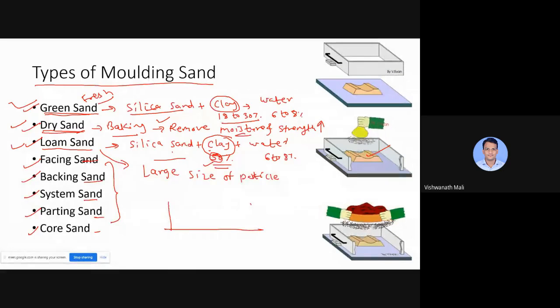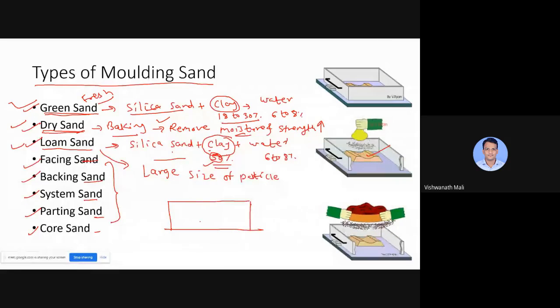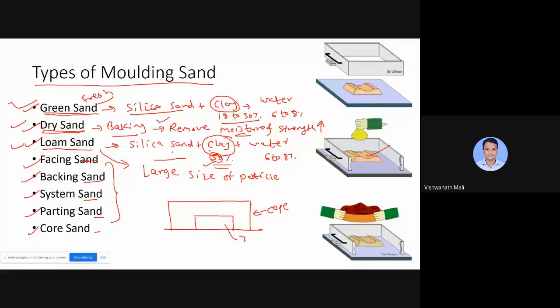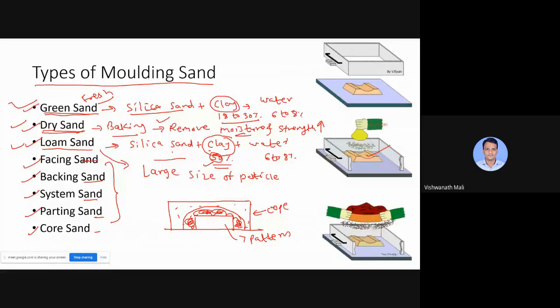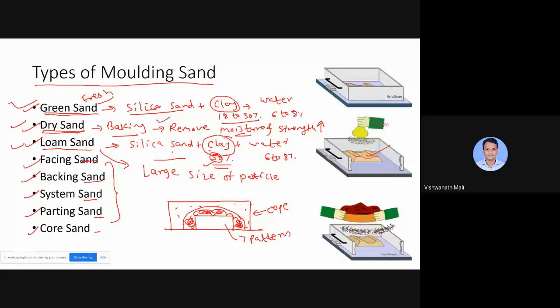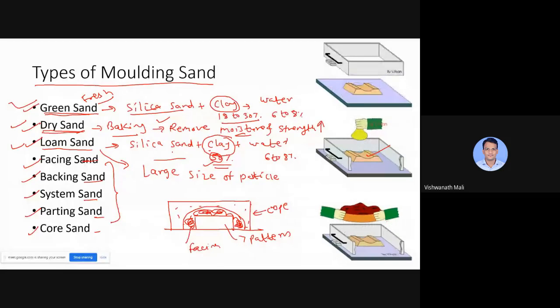Let's suppose this is your flask and this is your pattern. So instead of pouring fresh sand all over the flask, only to the face of this pattern we pour our fresh, unused sand. So this sand is called facing sand.